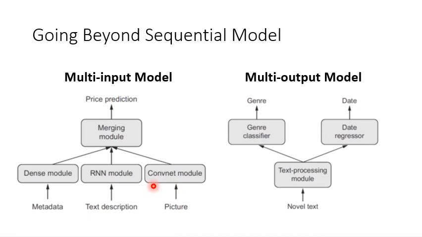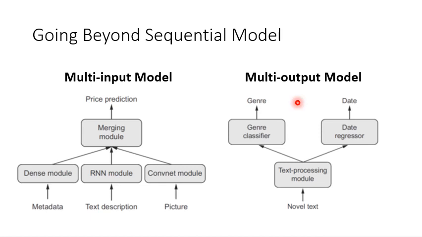So we can use a convolutional neural network to process the images. And then we can use the Keras API to merge the output of the three modules together, and use a merge layer to predict the price of the house. This is an example of a multi-input model.